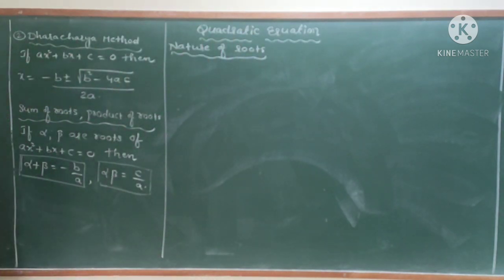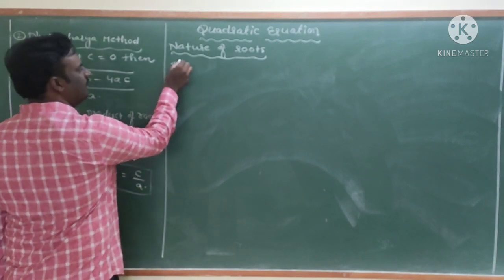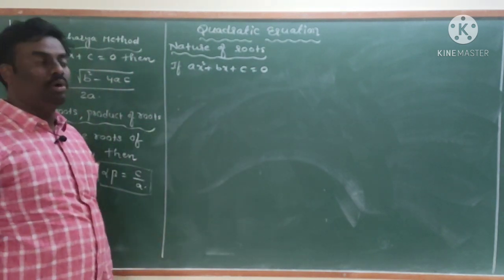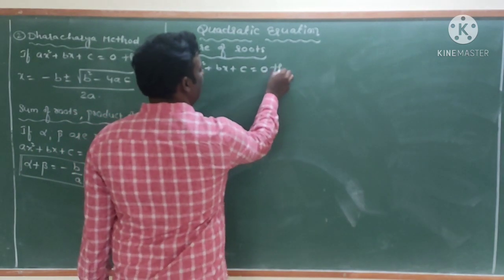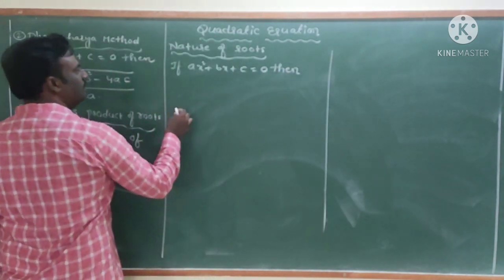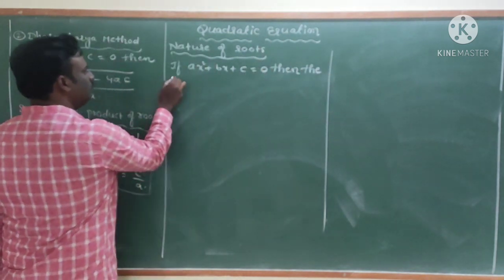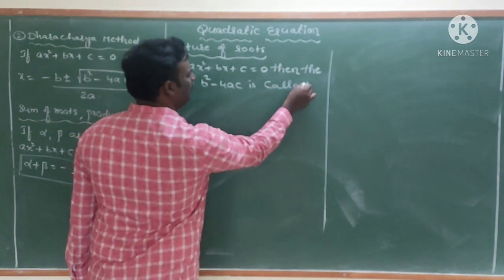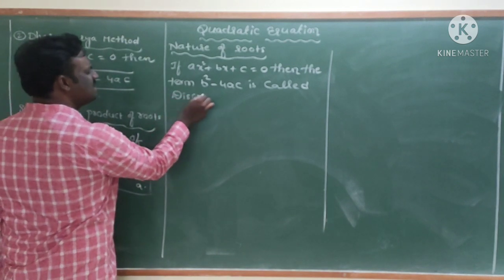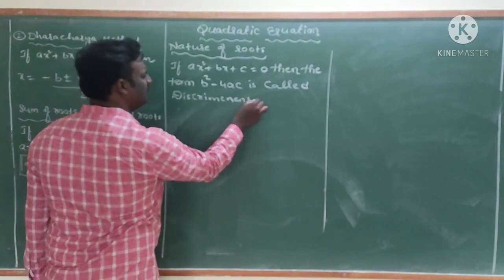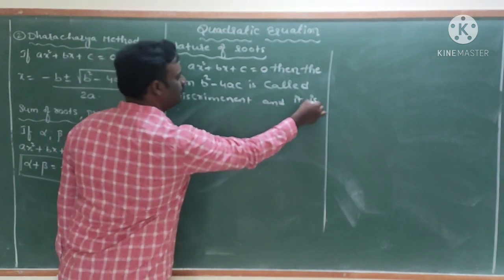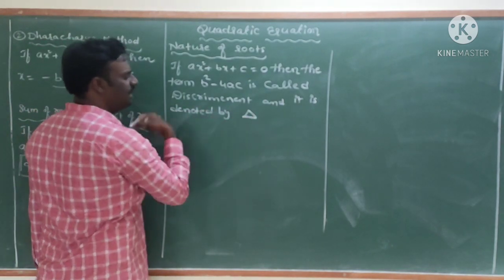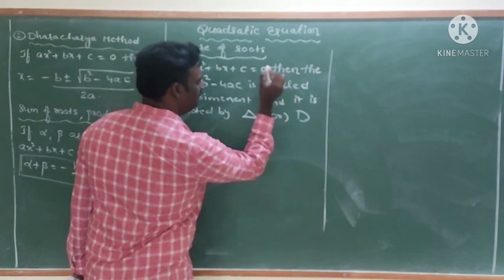Okay, so nature of roots. Okay, first, if ax square plus bx plus c equals to 0, it is a quadratic equation, then the term b square minus 4ac is called discriminant, and it is denoted by delta, or some textbook they will give D, both are same.